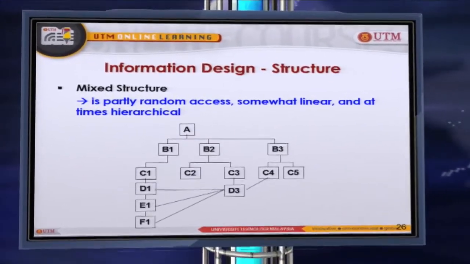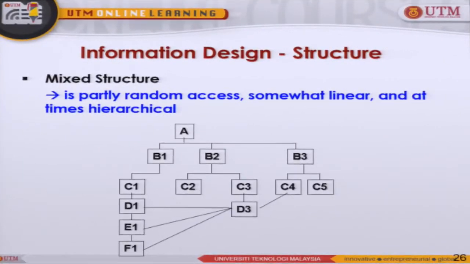Now, mixed structure. Unfortunately, information does not always fit into such neat and clean structures. In some sites, some information should be organized one way and some in another way. They're partly random access, somewhat linear, and at times hierarchical.